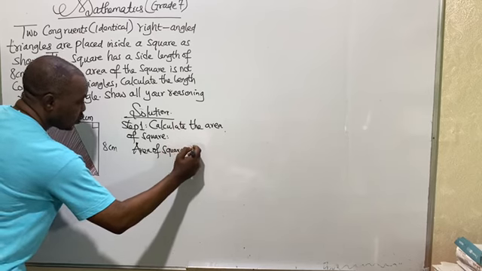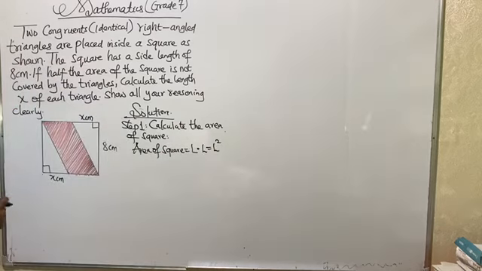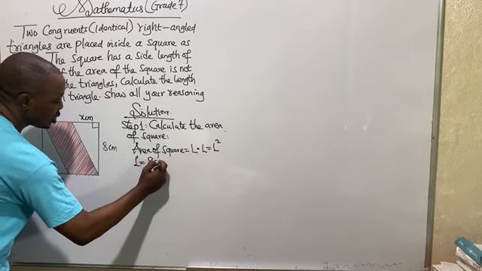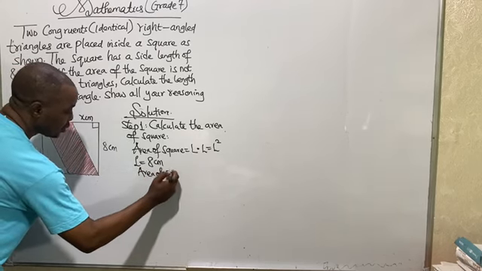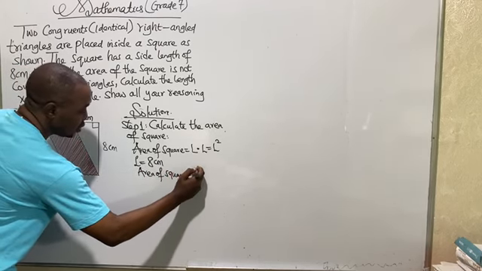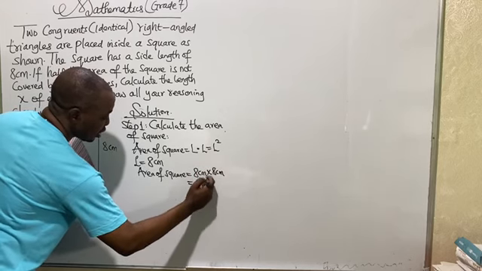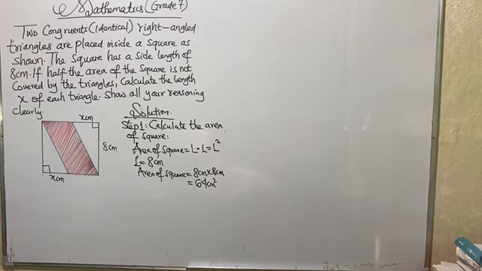The area of a square is length times length, that's length squared. We are given the length of the square to be 8 centimeters. So the area of the square will be 8 centimeters multiplied by 8 centimeters, which is 64 square centimeters. That's step 1.